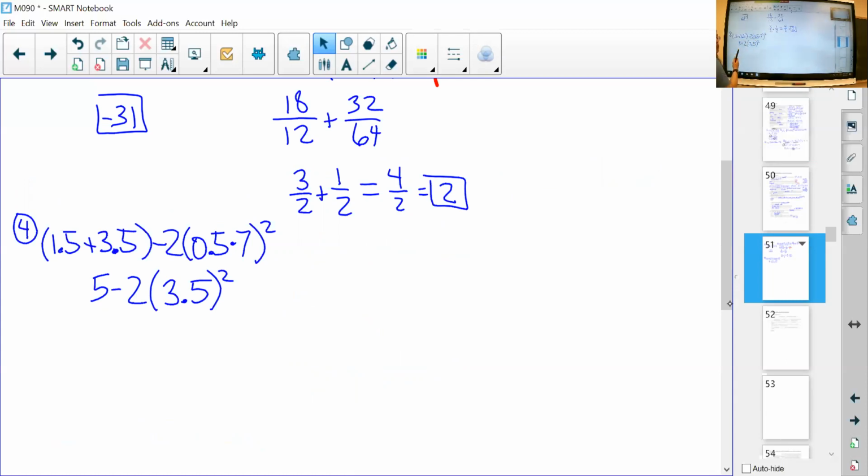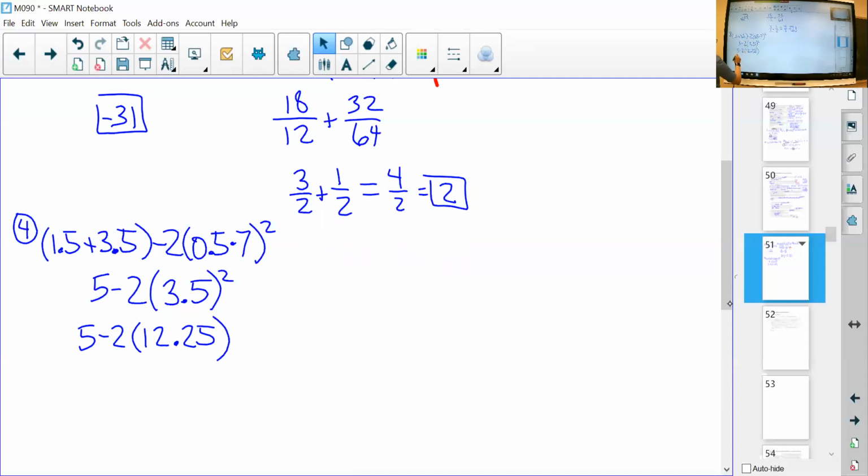3.5 squared is like 35 squared. If you take my Topics M127 class, you'll learn a quick way to multiply these. As it is, you can use your calculator in this class, but that's how I know that the answer is 12.25. So I squared it next, I did exponents next.